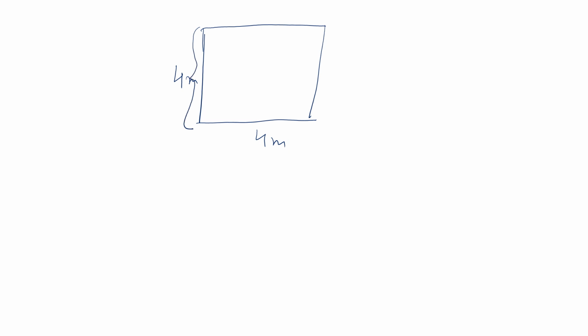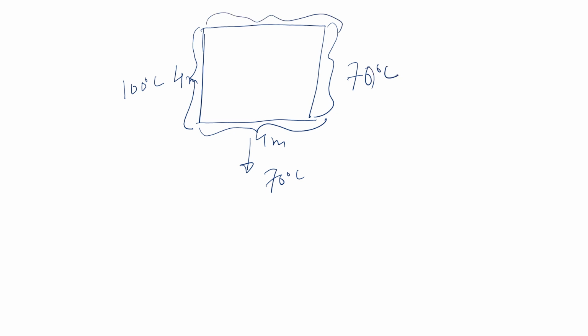This right hand edge, suppose it has a temperature of 100 degrees centigrade. This downward edge has a temperature of 70 degrees centigrade. And in the right hand edge, we have a temperature of 70 degrees centigrade. And in the upward edge, we have a temperature of say 50 degrees centigrade. Now, what we want to know is what is the temperature inside this square plate.